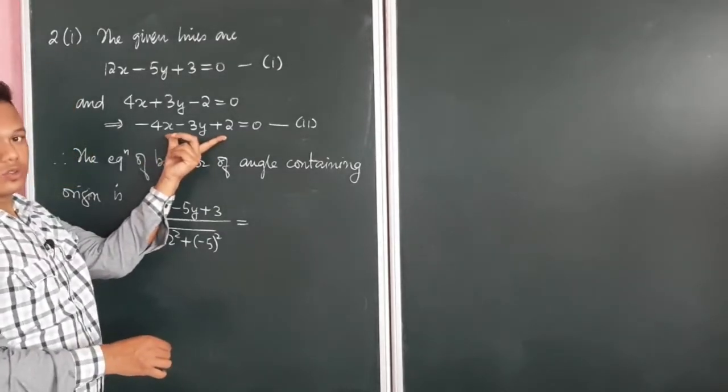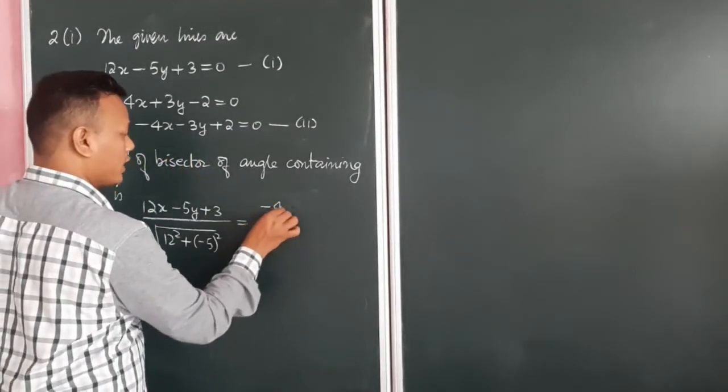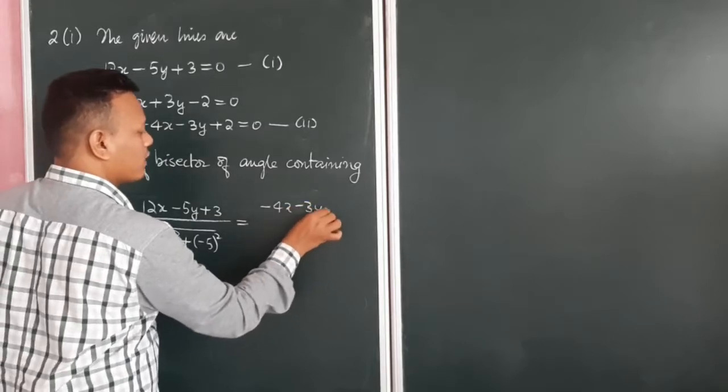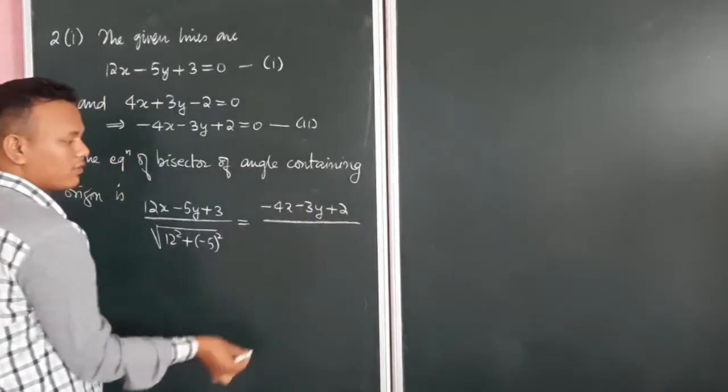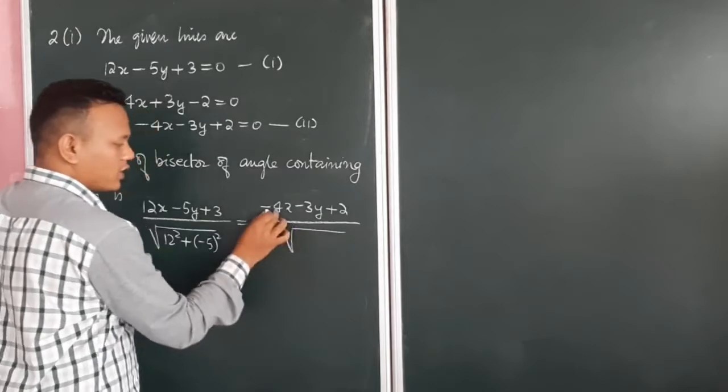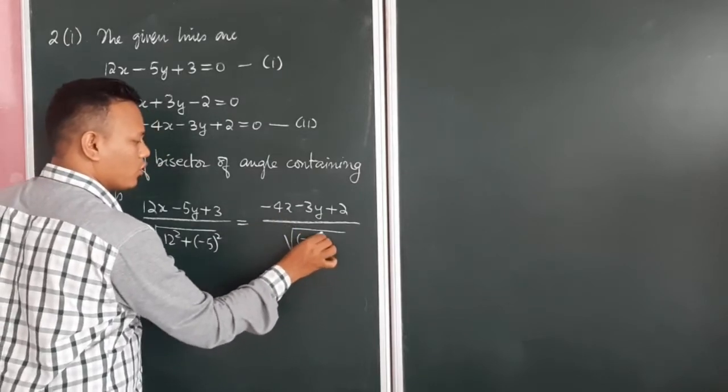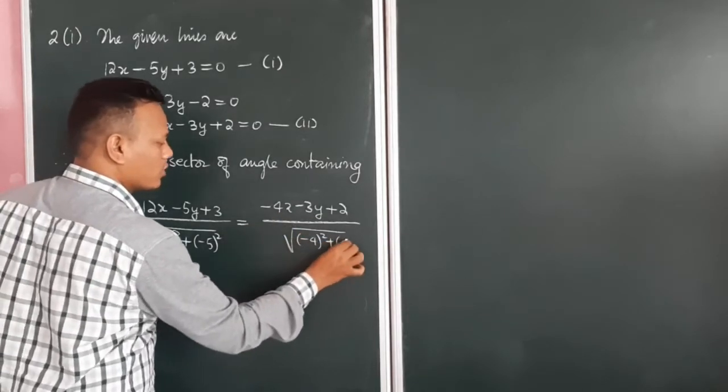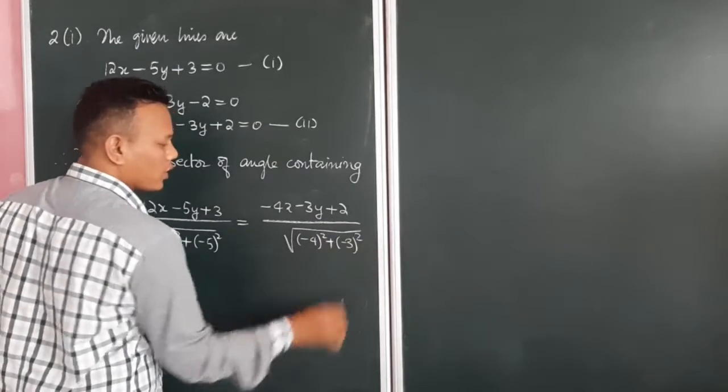This is equation 2, right? So we have (minus 4x minus 3y plus 2) whole divided by, okay, what is a2? a2 is minus 4 square plus, what is b2? b2 is minus 3 square.